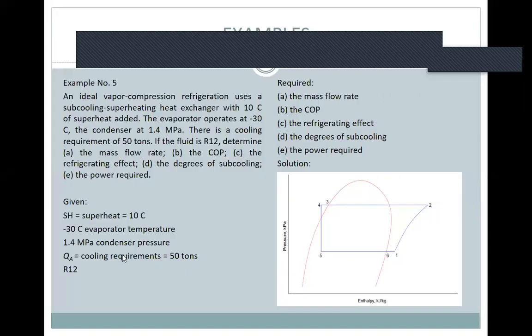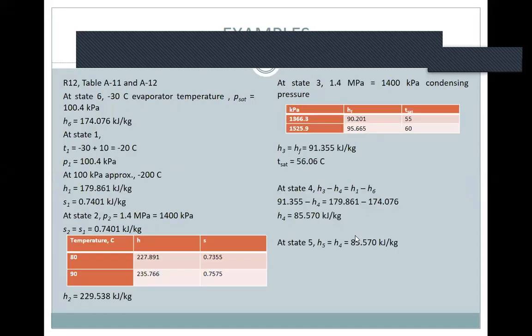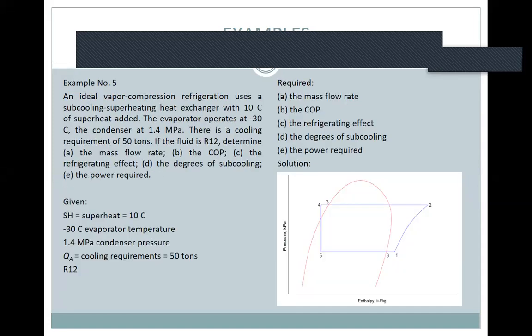Required: A, mass flow rate, B, the COP, C, the refrigerating effect, D, the degree of subcooling, E, the power required. Solution, so this is now the P-h diagram. Better na ilagay nyo pa yung flow diagram. Makita nyo yung heat exchanger doon.